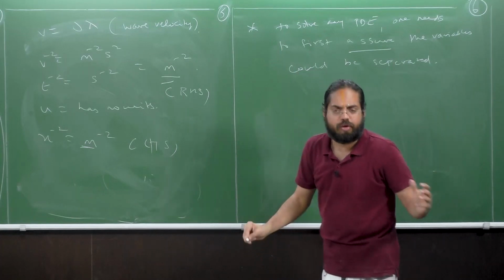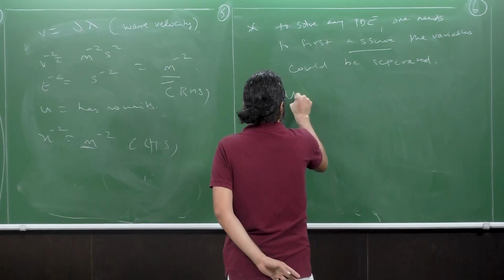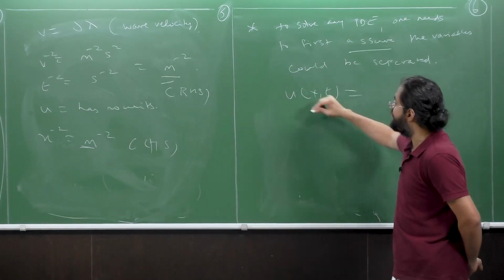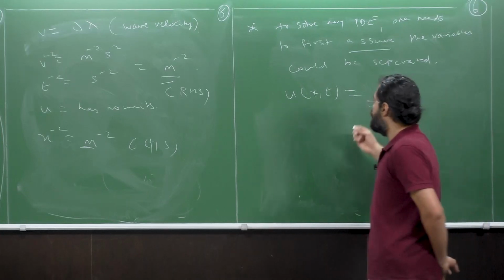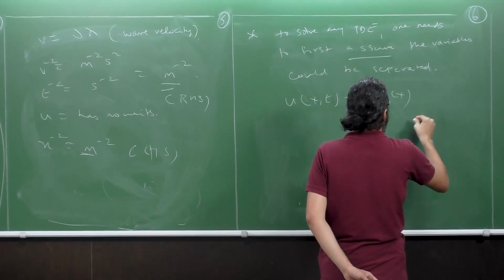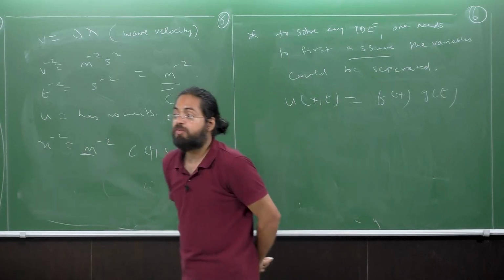All right. So we have to assume first that the variables could be separated. In other words, the function u of x comma t, which is a function of both x and t, could be written as a product form in the form f of x times, say, something like g of t.